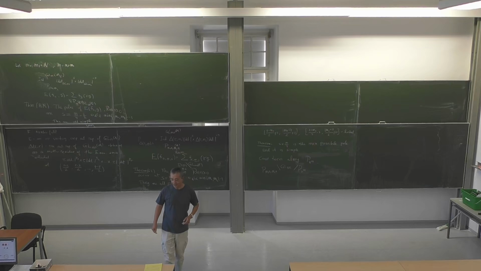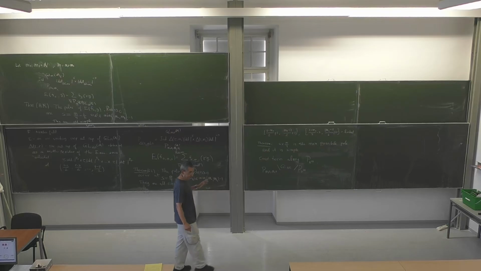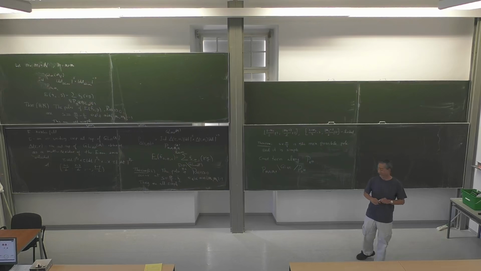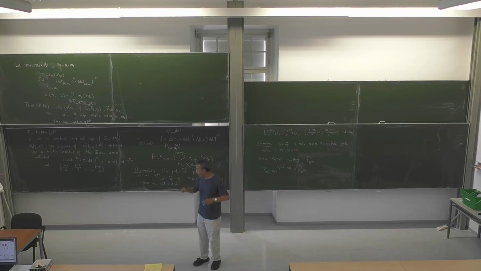Yes, there are many cancellations, but the maximal pole is not cancelled. This one, just M over 4. Actually, there are many elements which give this pole, but also the open cell gives this pole, so you can isolate it. And for potential poles that don't appear in this list, this is the problem.